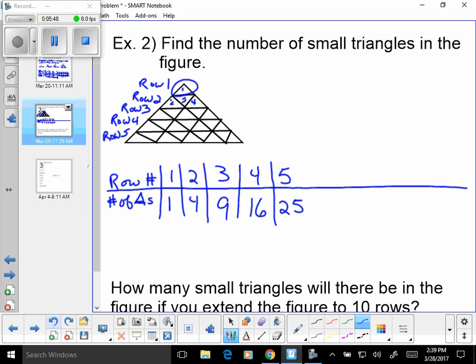Now, look for a pattern. Yes, there is a pattern that goes from left to right, but this particular problem has a different type of pattern. 1 squared, 2 squared, 3 squared, 4 squared, 5 squared. I take the row number squared.